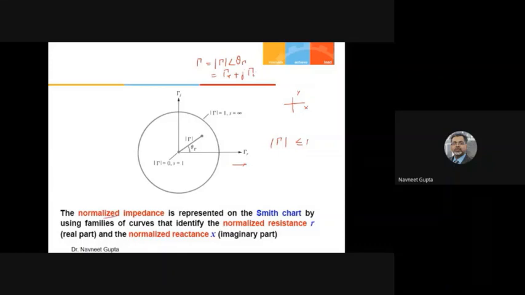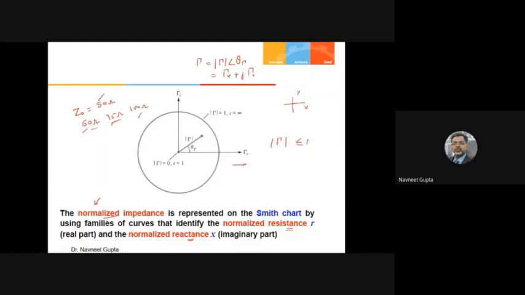The normalized impedance is made up of a normalized resistance and a normalized reactance. Why normalized? Why not a simple value? The reason is that the characteristic impedance is usually 50 ohm, but if you change it, for a transmission line whose characteristic impedance is, let us say, 60 ohm, 75 ohm, or maybe 100 ohm, then if you do not normalize, you will need a separate Smith chart for all these kinds of transmission lines, which is not possible.